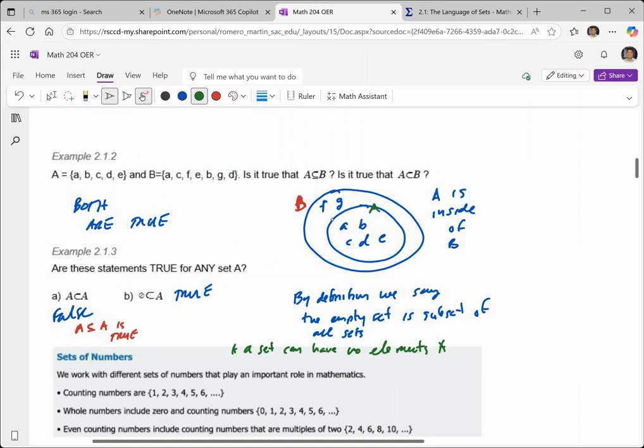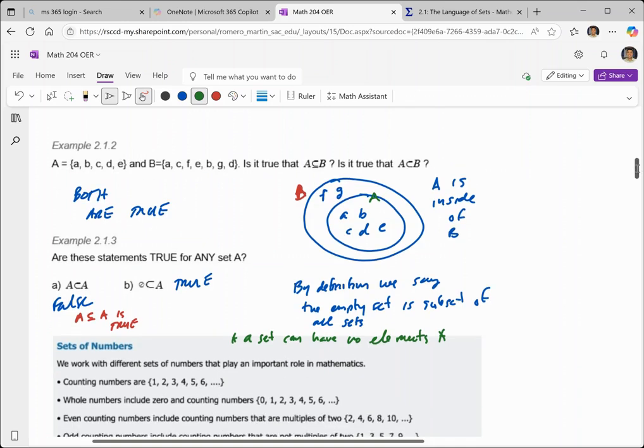So these are both true statements. Again, you could be confused. This notation is asking, is it a subset of B? This is, is it a proper subset? It could be equal to, and this would still be true, but it's not. It's still a subset, so the equal doesn't come into play there.